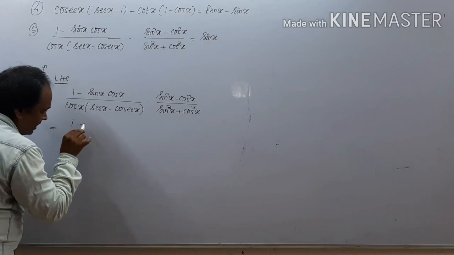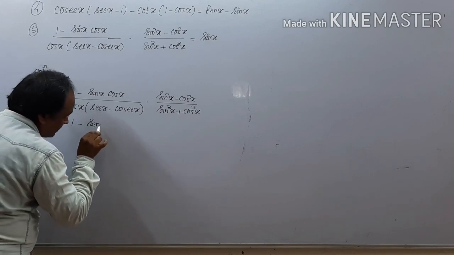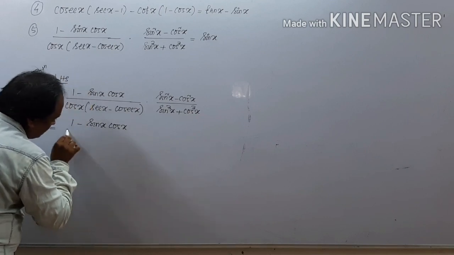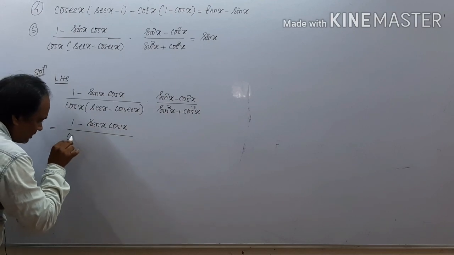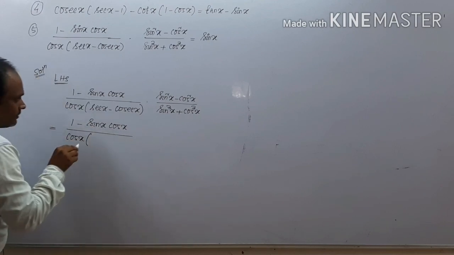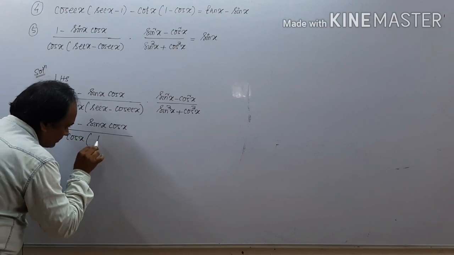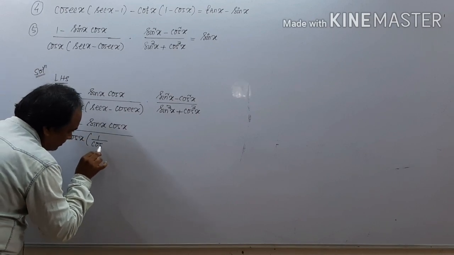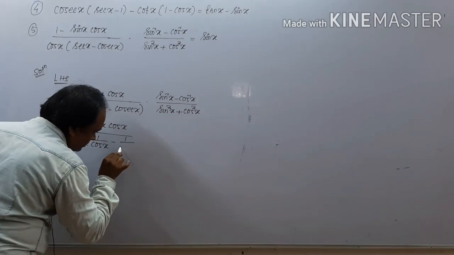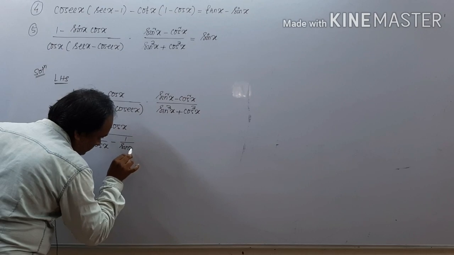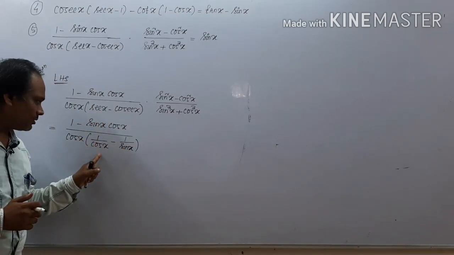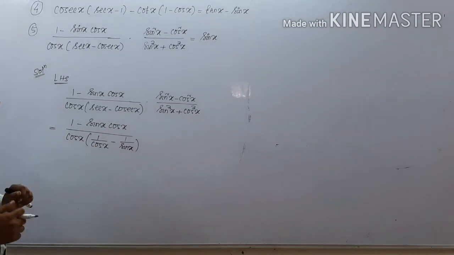So this is 1 minus sin x multiplied to cos x divided by cos x. Here this will be 1 by cos x minus 1 by sin x, because we know the formula sec x is equal to 1 by cos x, cosec x is equal to 1 by sin x.